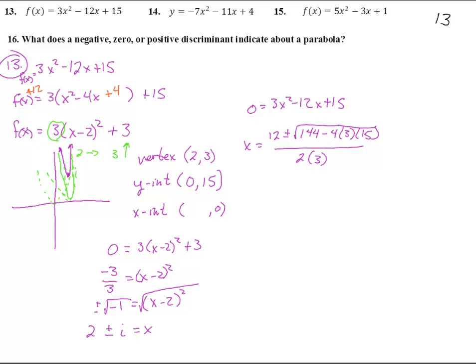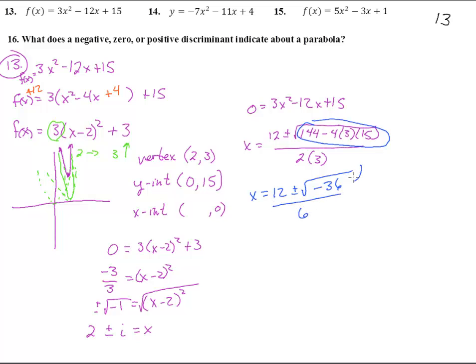Now watch what happens to this guy right here. 144 minus 4 times 3 times 15. 4 times 3 times 15 is 180. So x equals 12 plus or minus the square root of 144 minus 180. That is negative 36, all over 2 times 3, which is 6.